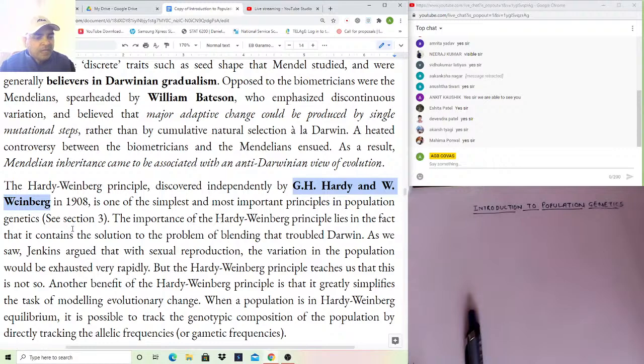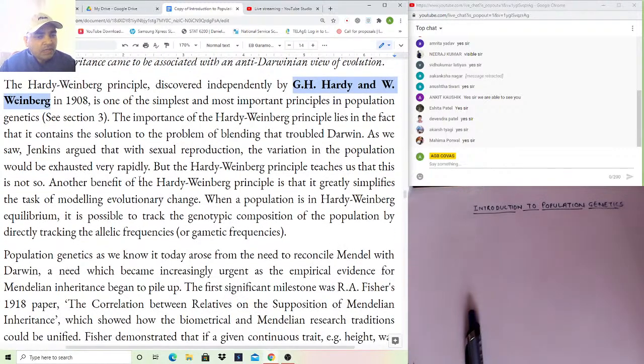As we saw, Jenkin argued that with sexual reproduction, the variation in the population would be exhausted very rapidly. But the Hardy-Weinberg principle teaches us that this is not so. Another benefit of the Hardy-Weinberg principle is that it greatly simplifies the task of modeling evolutionary changes.